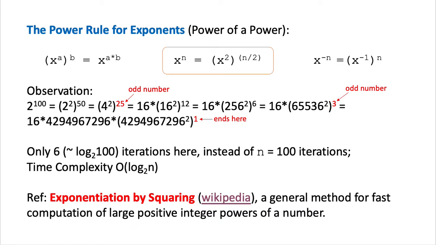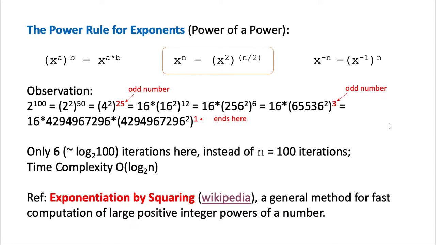It's worth noting that only 6 iterations are involved here, which is approximately log base 2 of 100. So instead of having 100 iterations, which is the time complexity of O(n), we have a time complexity of O(log base 2 of n) instead.